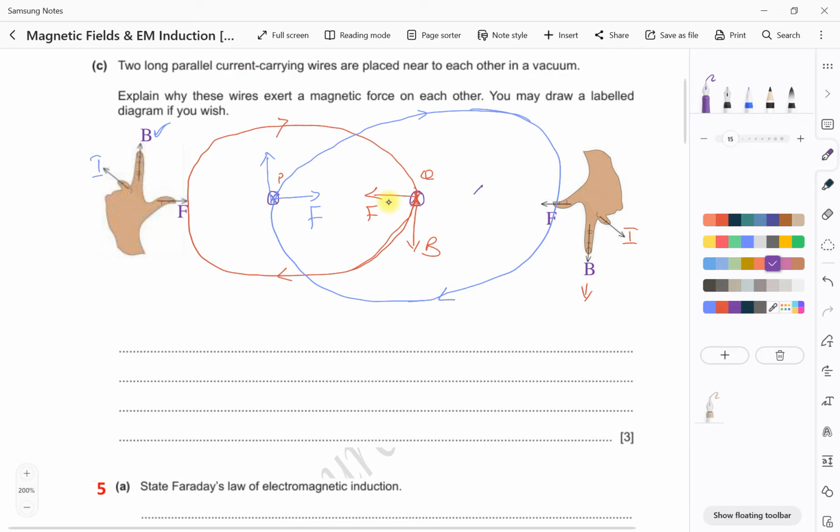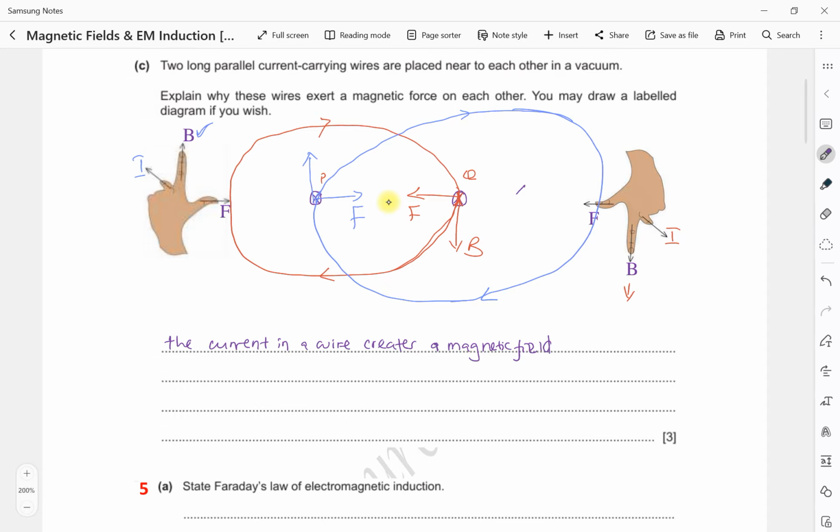Therefore, to answer this question, I will simply say that the current in a wire creates a magnetic field around the wire, which are concentric circles. Each wire sits in the magnetic field created by the other wire shown above.